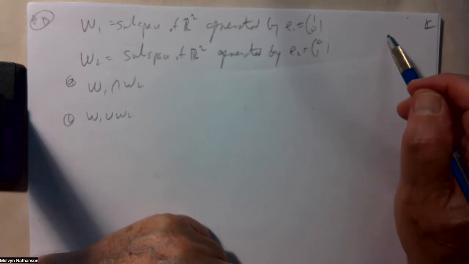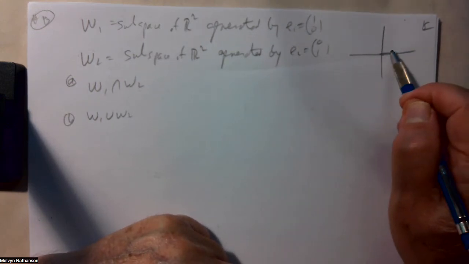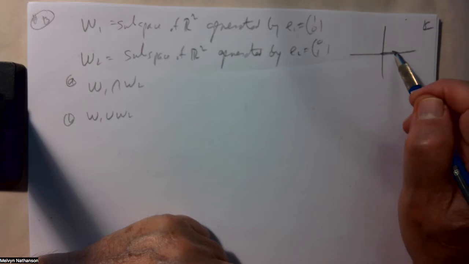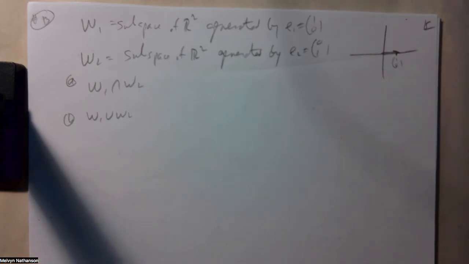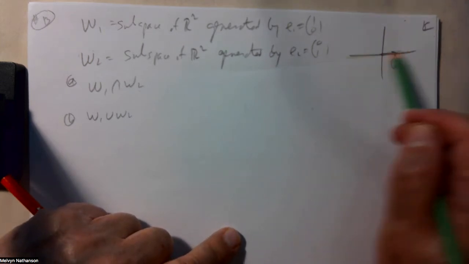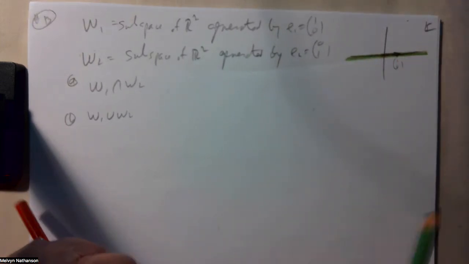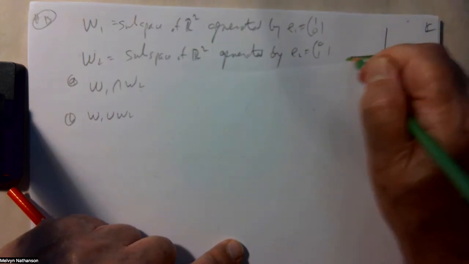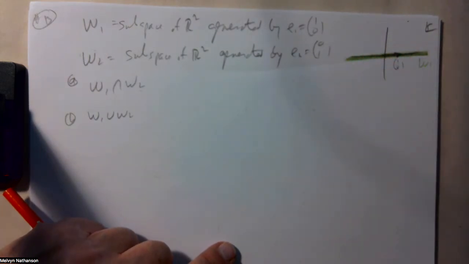So again, we go back to high school algebra. The vector E1 is just this point in the plane, (1, 0). So the subspace W1 is just all scalar multiples of this. It's the x-axis. This is W1, the horizontal line through the origin.